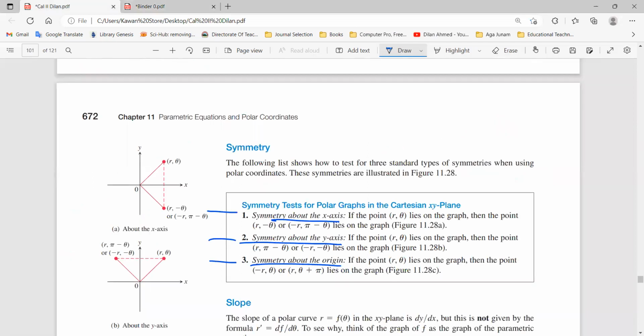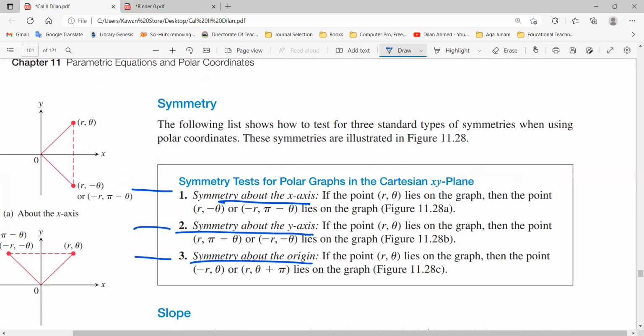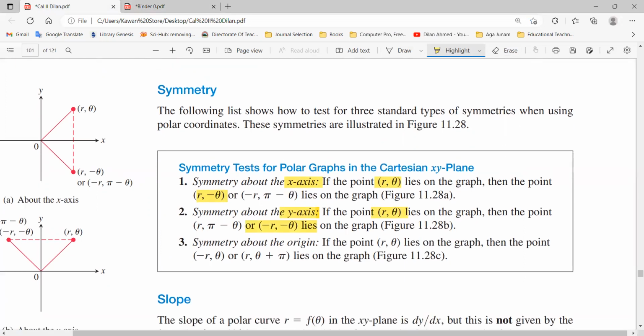So you can see from here, these all mention the symmetry about the x-axis by changing r theta to what? To r minus theta, and also symmetry about the y-axis by changing to minus r minus theta, and also r theta by getting minus r theta, and the other one.